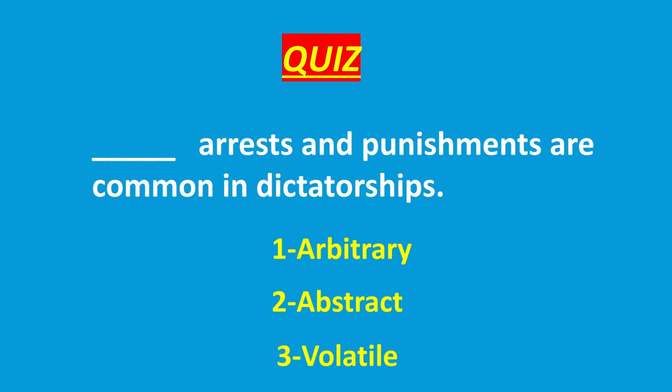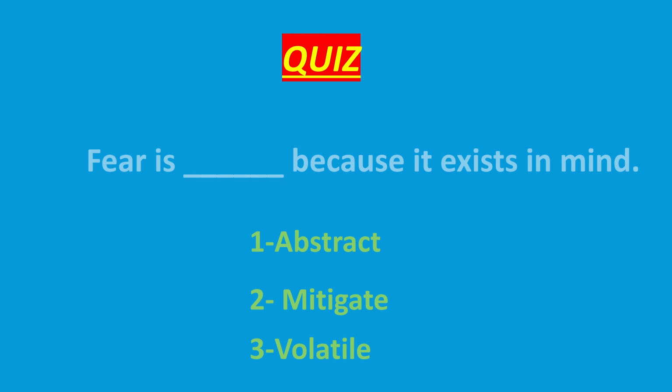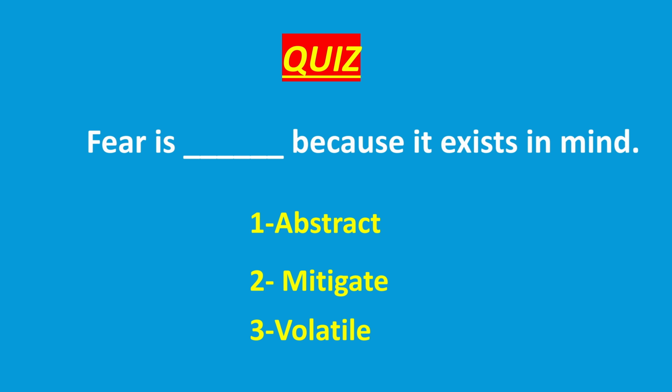And now comes the last question. Fear is blank because it exists in mind. Options are abstract, mitigate, volatile. And the correct answer is abstract. Fear is abstract because it exists in mind.